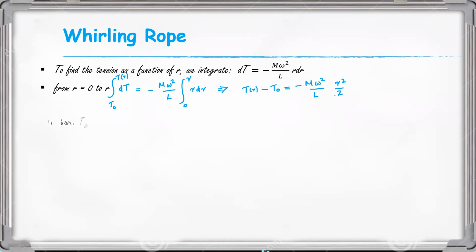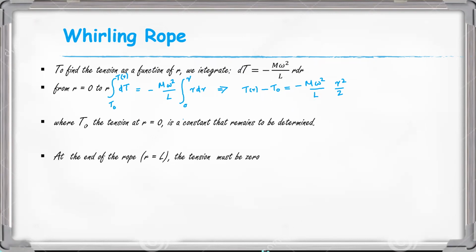Here T0 is the tension at r equal to 0. It is a constant that remains to be determined. Our problem is to find the tension at the point r. Here the unknown quantity is T0, a constant which has to be determined.